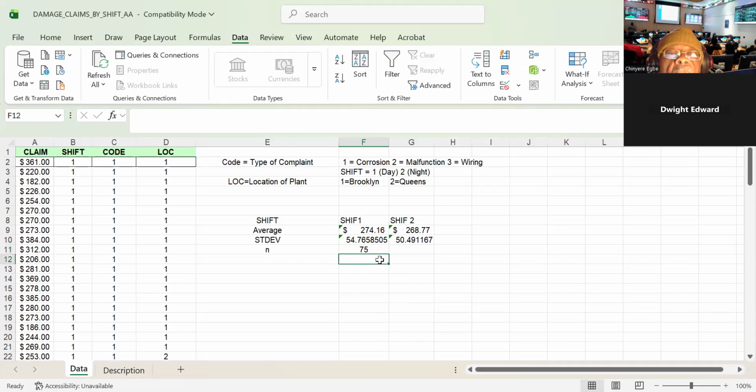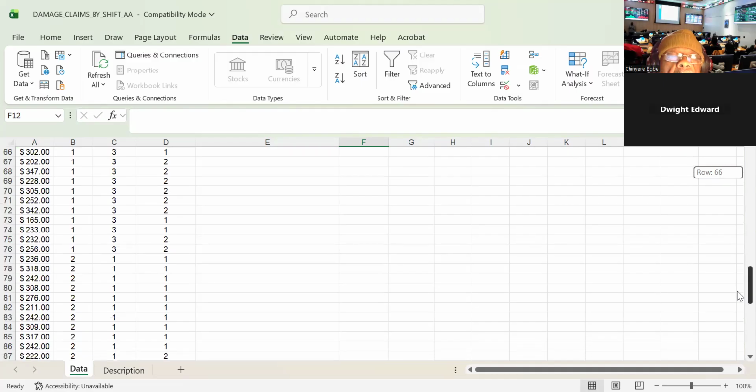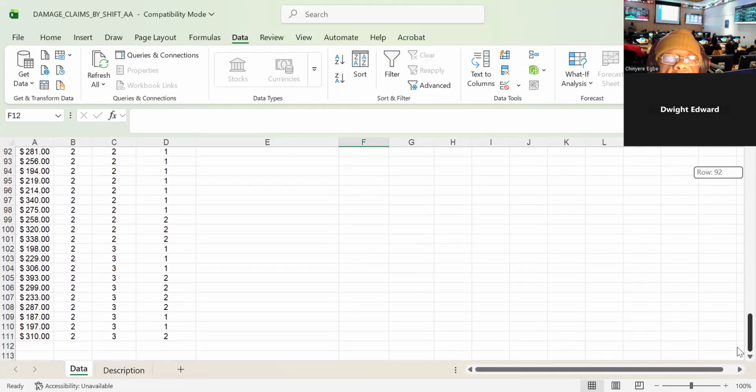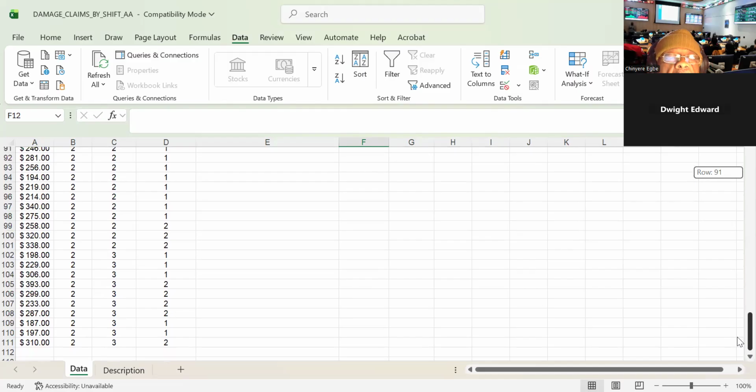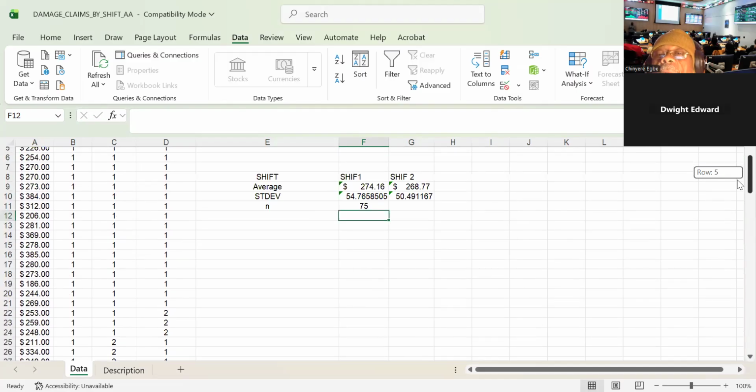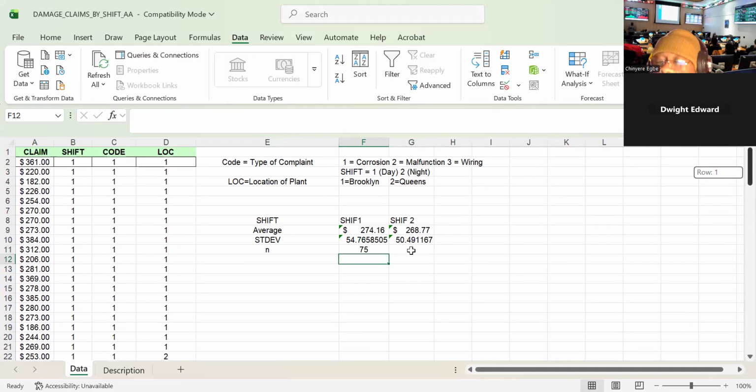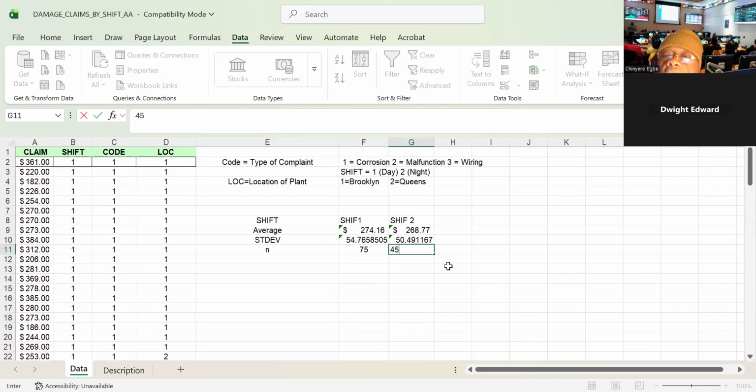And then on this side you have 77 to 111 is 45. All right. So you have what you need. You must have a mean, a standard deviation, and a sample size. So we write those down.